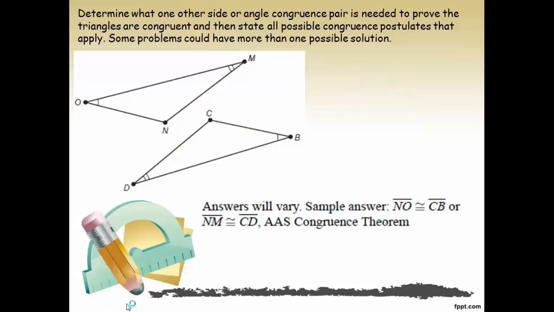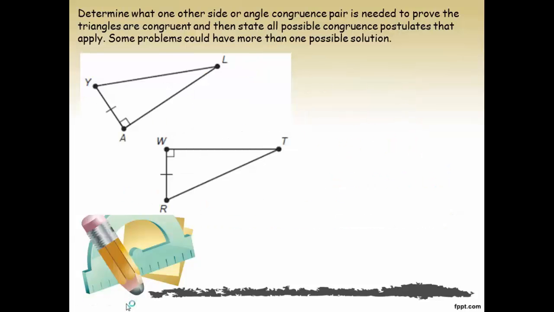Okay, let's see what's next. Same situation. We have to prove that they're congruent. What I would need to know here is that the hypotenuse is congruent. Let me take that off because I marked the wrong one.